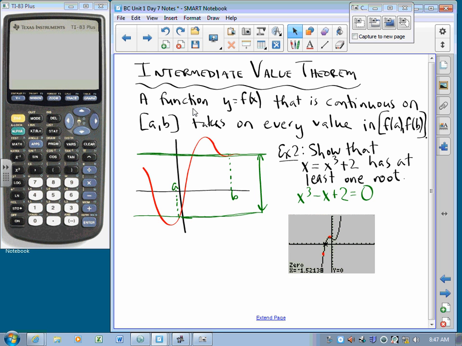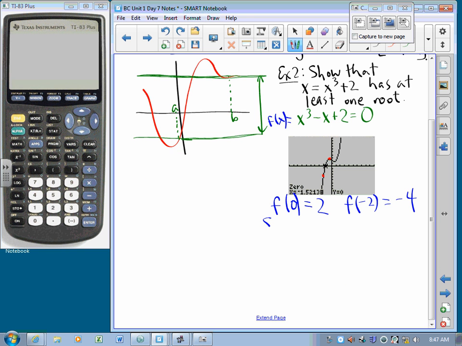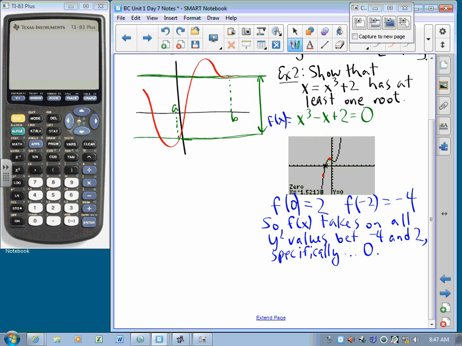So how do we show that? Well, it's pretty obvious that f of 0 is 2, where this is f of x. And it's pretty obvious that f of negative 2 is negative 4. And so we would write something like, f of x takes on all y values between negative 4 and 2, specifically 0.